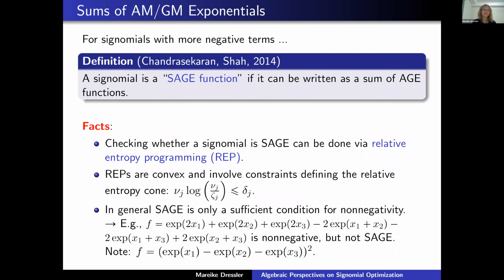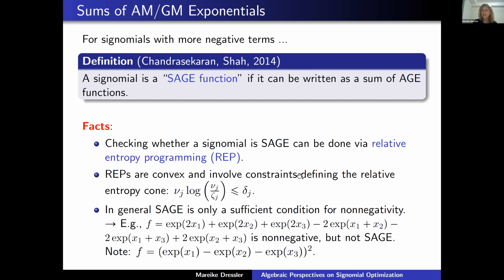So now certain facts about this concept. Checking whether a Signomial is SH or even H can be done by relative entropy programming. So this is the optimization problem which detects whether this H function is non-negative. What are relative entropy programs?